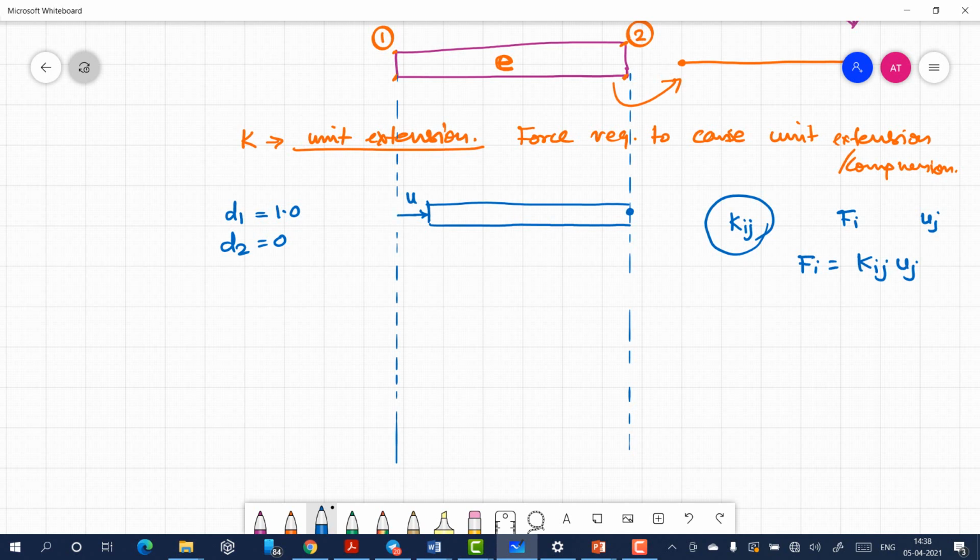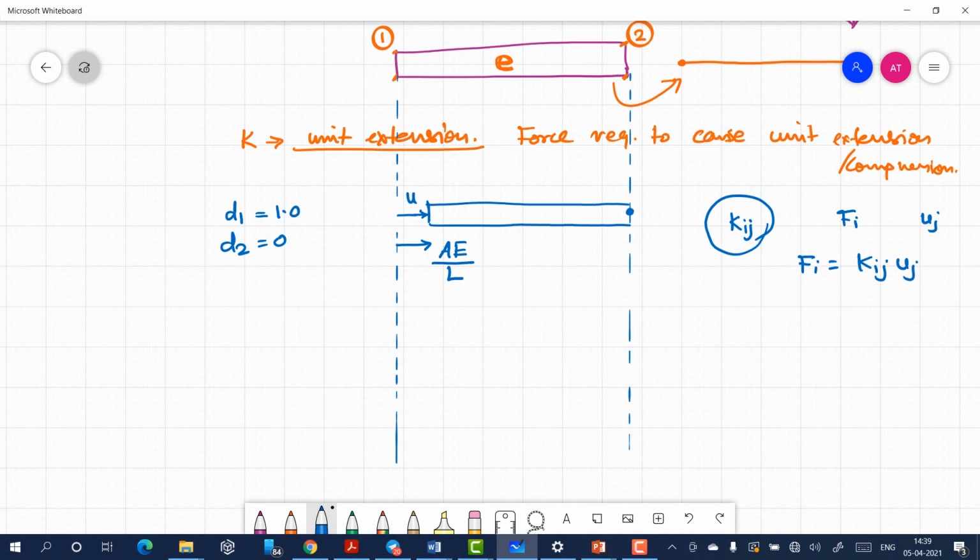So because d1 is 1 in positive x direction, we will have a force in positive x direction, and that force will be equal to A into E divided by L. That's it, right?